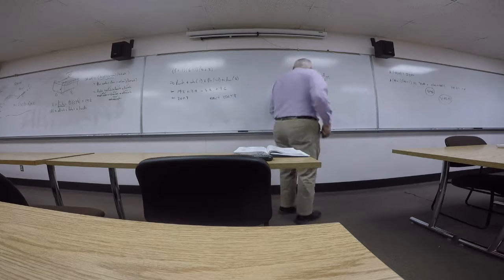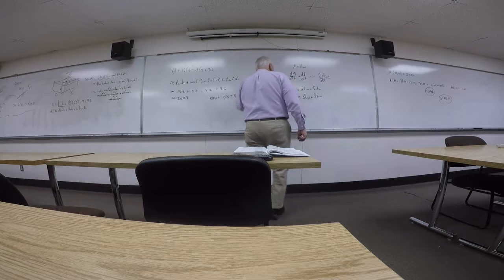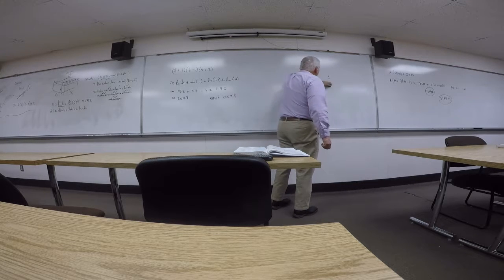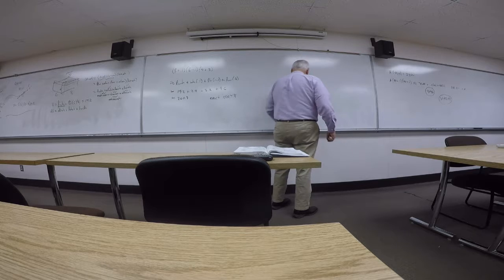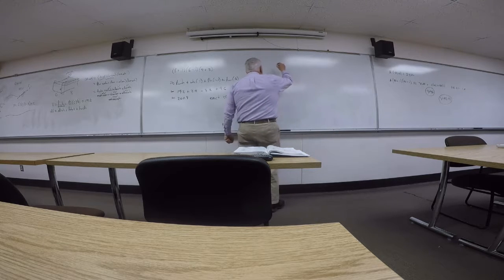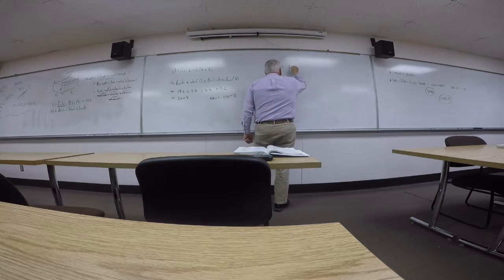Okay, so they tell us the rate of change in volume. dV/dt is 100 pi cubic feet per minute.